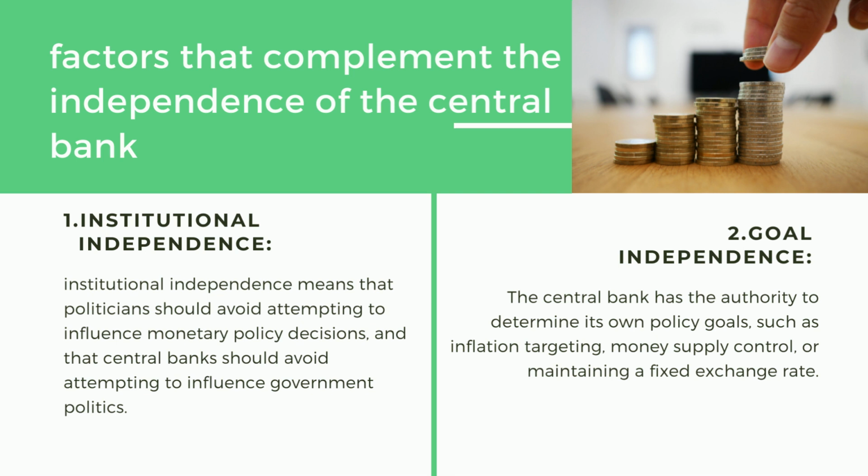The second one is goal independence, where the central bank has the authority to determine its own policy goals, such as inflation targeting, money supply control, or maintaining a fixed exchange rate. While this form of independence is more prevalent, many central banks prefer to disclose their policy aims in collaboration with relevant government agencies.